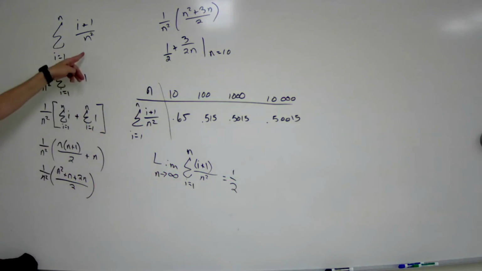So if this represented a shape, what would the area be? 1/2. Now, I'm not worried about units unless they give you units at this point. Right now, this is just an exercise.